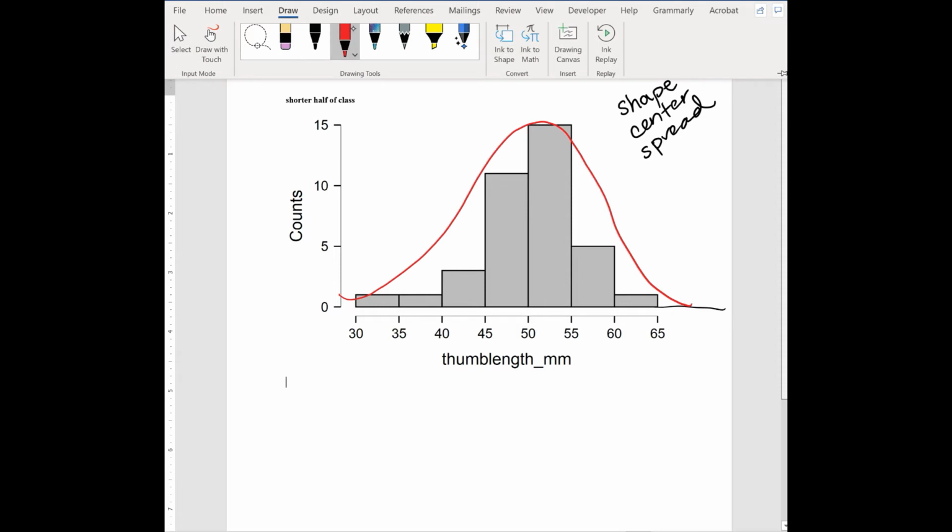So let's say I think this sort of distribution, I think most people who would be in the shorter half of classes, their thumb lengths, most people have thumb lengths between like 45 and 55. That would be what I assume about people in this population. I would assume that very few people have thumb lengths between 30 and 40, but some do.